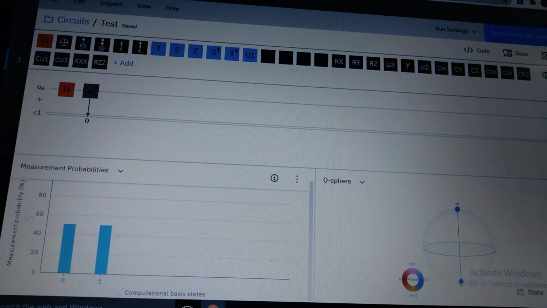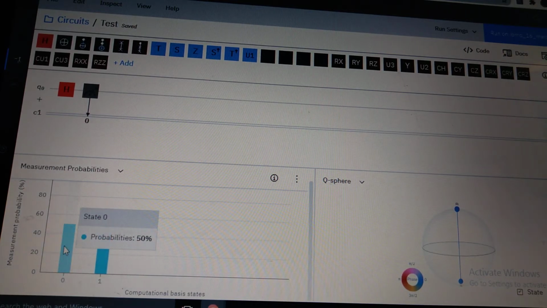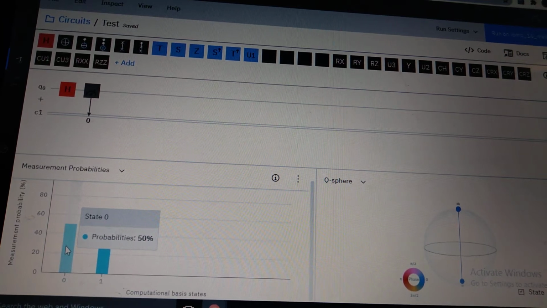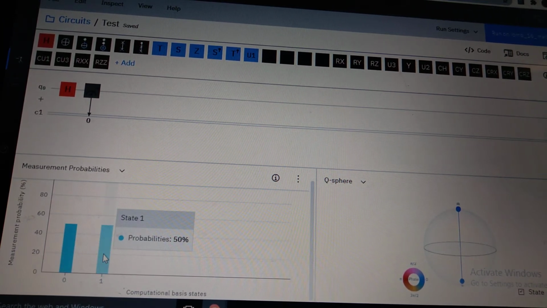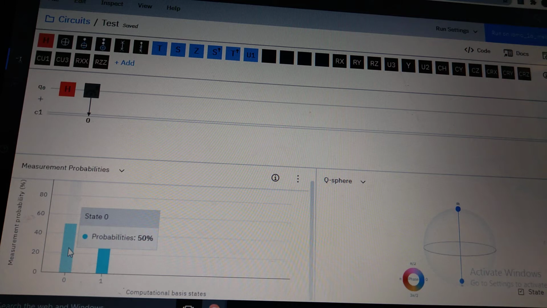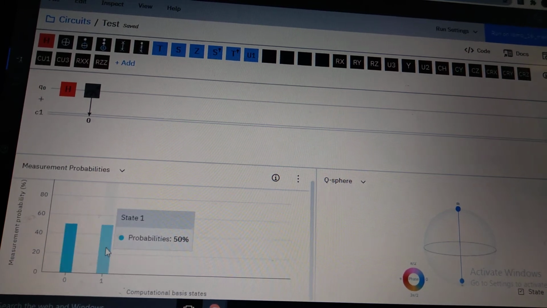So in terms of probabilities, what's the probability of getting the first bit? It's going to be 50%. What's the probability of getting the second bit? The second possibility is 50%, right? So it's 50-50. 50% of getting it up, 50% of getting it down.